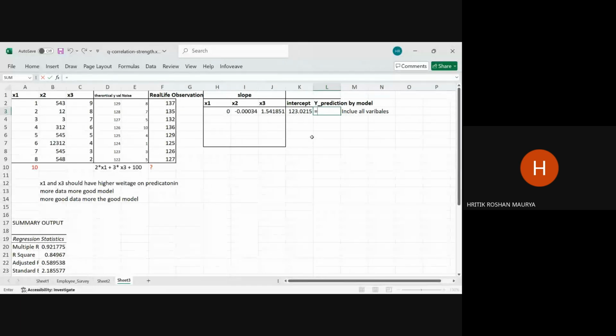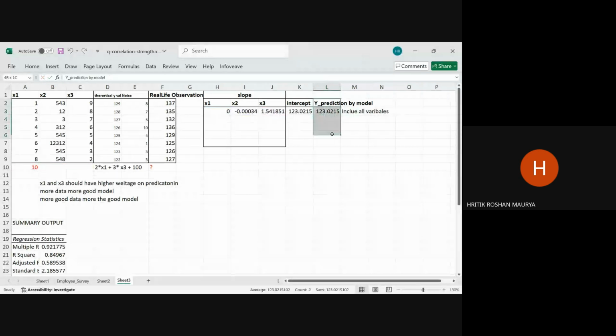So I will write the formula I have used. Yeah, 2 times x1. Sorry, this is the 2. This is the slope times x plus this is the x2 times this x3 value plus x4 times this x3 value plus this intercept.